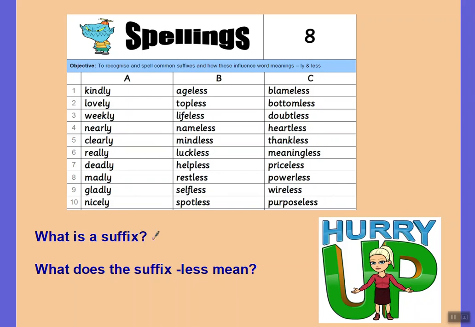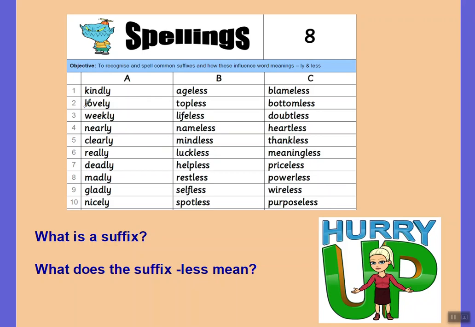So I just want you to tell your partner what a suffix is. Tell your partner, I'm going to give you just a couple of seconds. Tell your partner what you think a suffix is. Okay, I'm sure you gave lots of good ideas. A suffix is letters at the end of a word that changes the word's meaning.